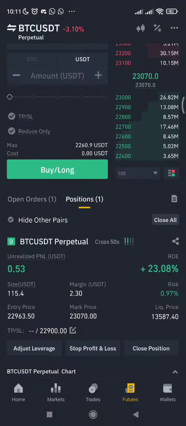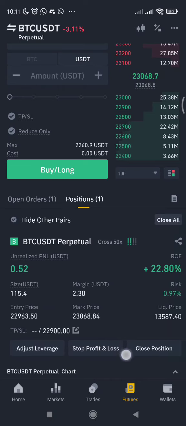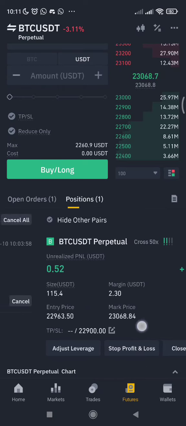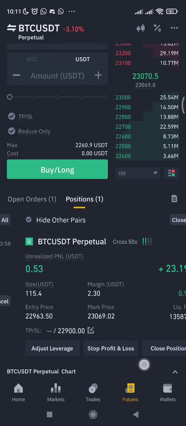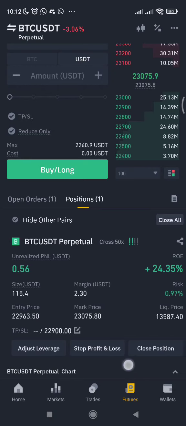If you want to close an open position, just go to close position. You can see it here. If you are not waiting for your target to hit, or you just want to close your position, that is how to do it.